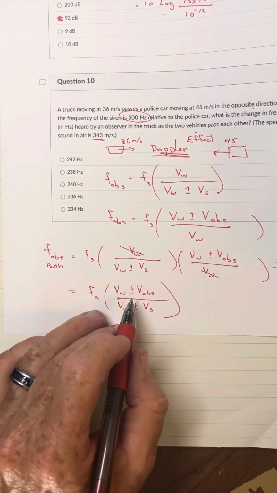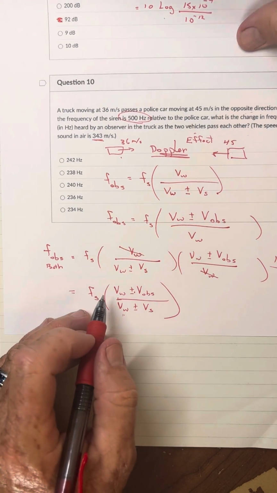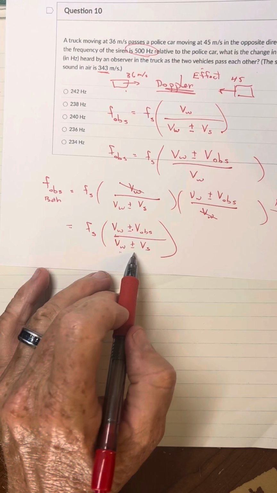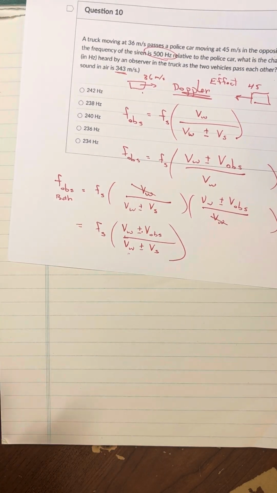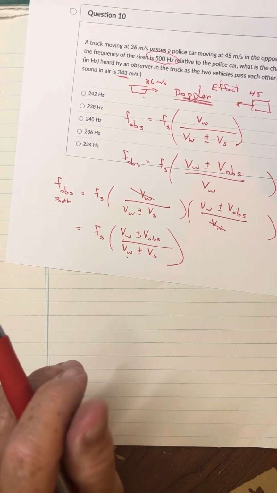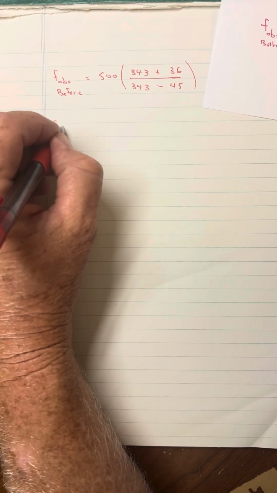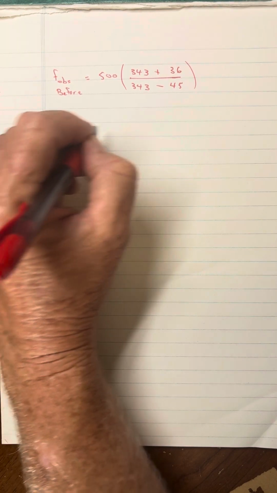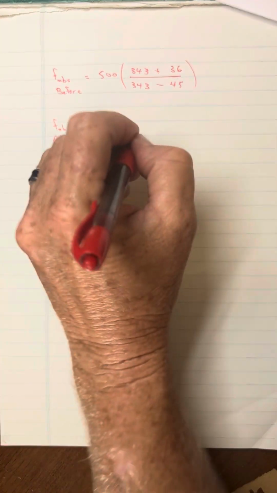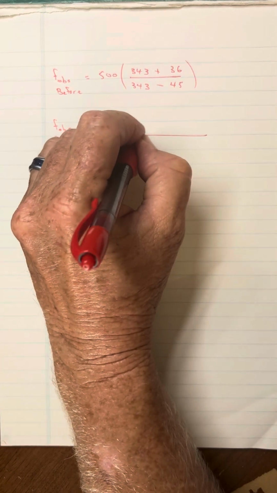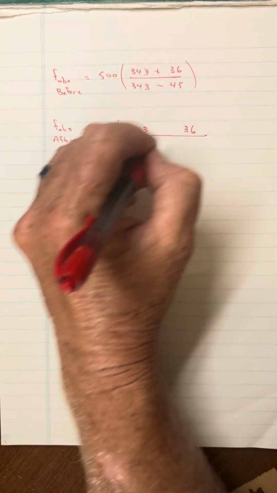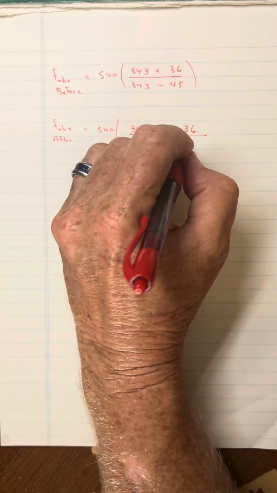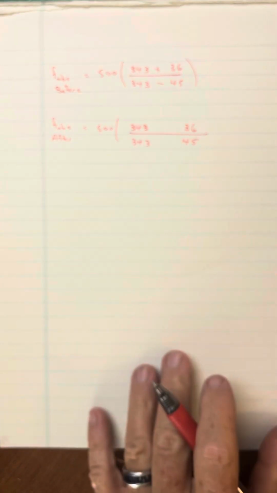As they're coming together, you would use the plus sign for the observer, but the minus sign for the source. The same calculation would be applied after they passed. So I'll go after. You'll have the speed of the wave and the speed of the observer, and the speed of the wave and the speed of the source, the police car.